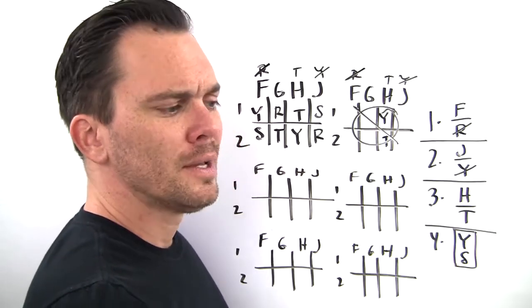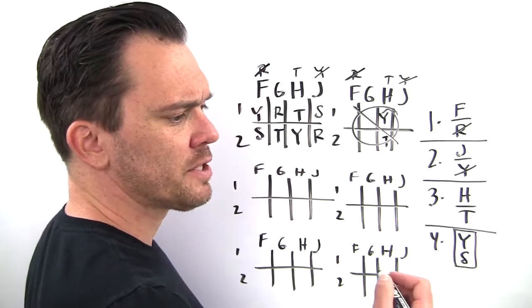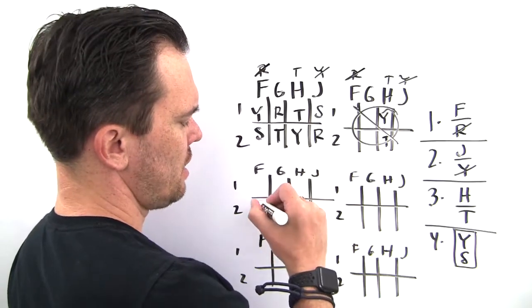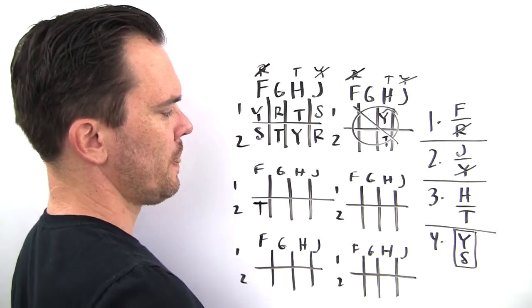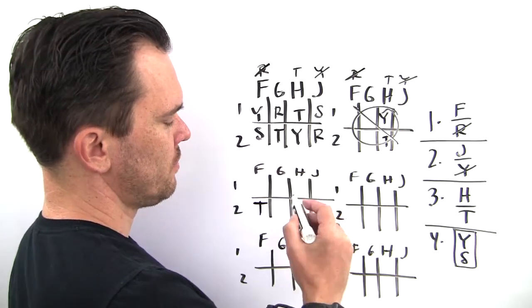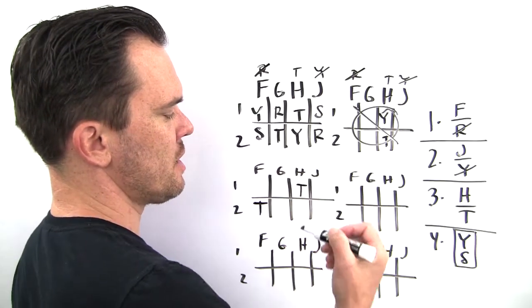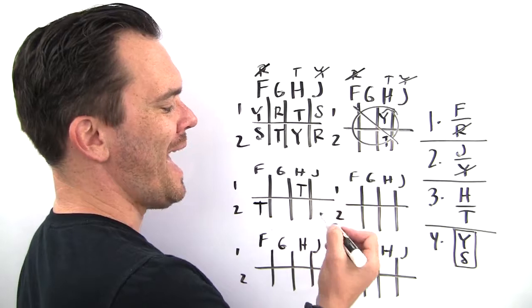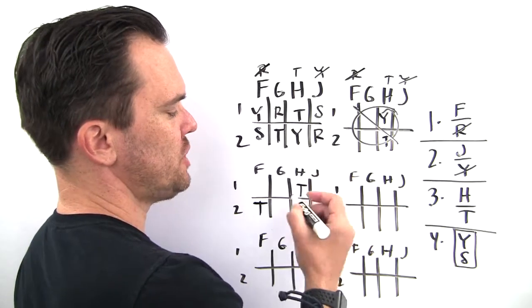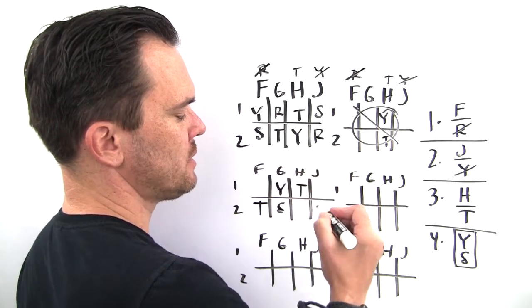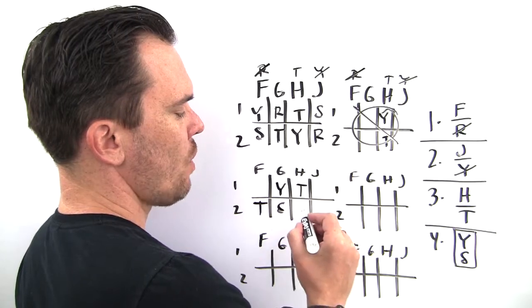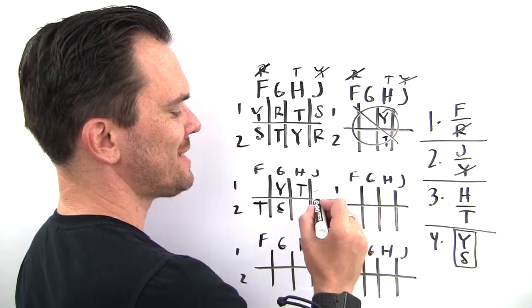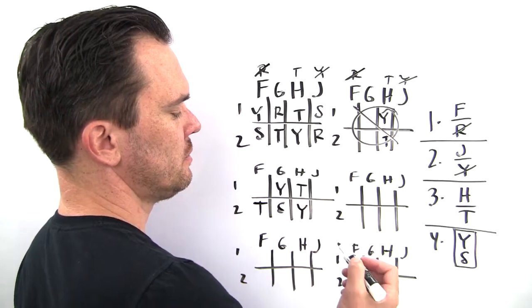Question 16. Cannot be true. Same thing. How are you going to put Teresa F on the second day? If Teresa is here, then that means Teresa is here. And now we have to have a YS, and they can't be on J. So it's YS. And now Teresa's got to do something second, so it'll have to be here.